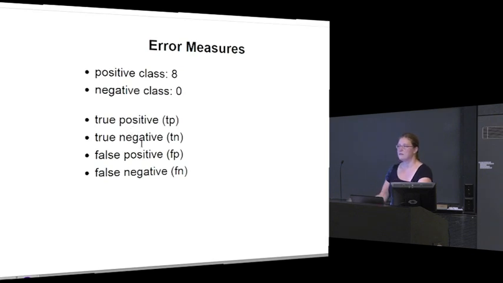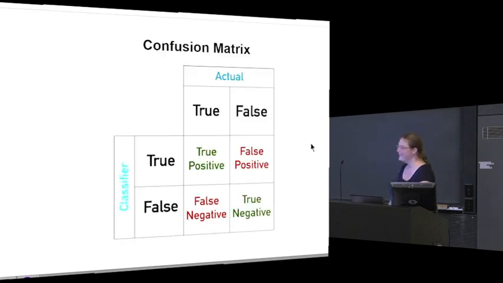Then I have a true negative. It's not a face, and the classifier also said it's not a face. Actually, I think I have an illustration. Yeah, I stole this. So you have the classifier, what it says about the data, and you have the actual label. You know that because it's a supervised setting and somebody told you what it is. So the classifier says yes, it's a face, and it was a face. That's a true positive. The classifier says it's not a face, and it is not a face. Then it's a true negative.